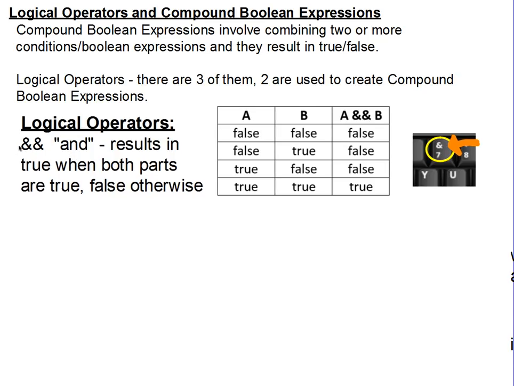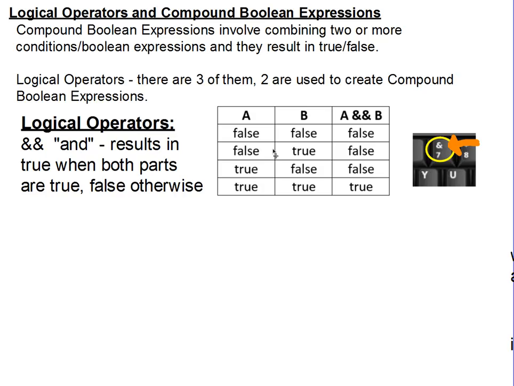So I can use what's called an AND, which is represented in Java by 2 ampersands. This is when I want the result to be true when both parts are true. So think of it this way. If the expression for A was, do I have enough money to go to the movies? And the expression for B was, do I have a ride to the movies? If I don't have enough money and I don't have a ride, am I going to the movies?